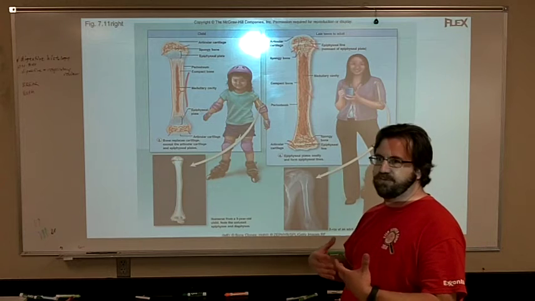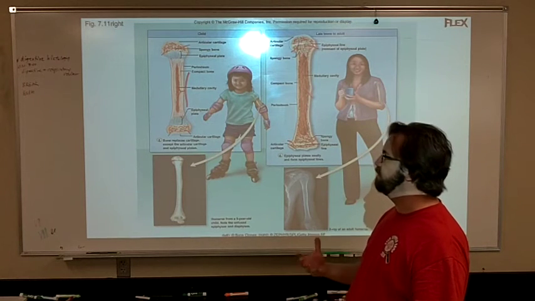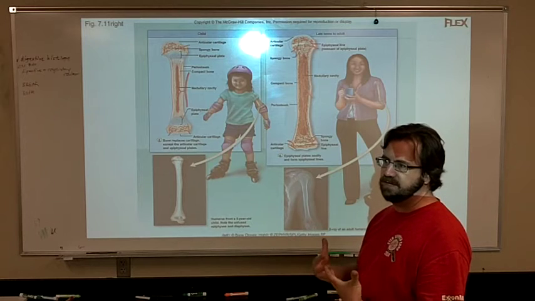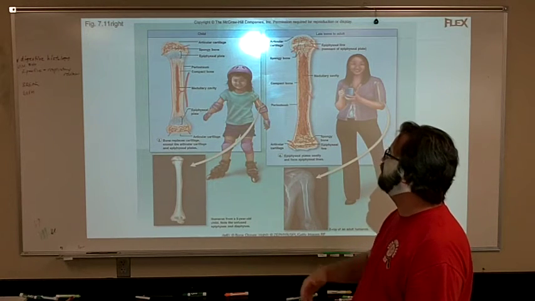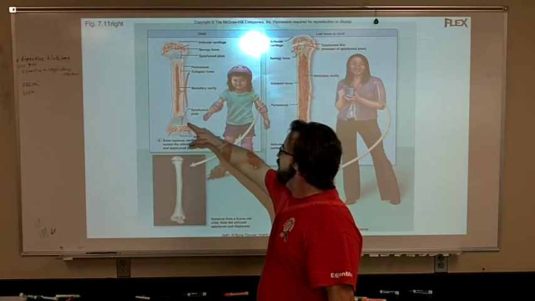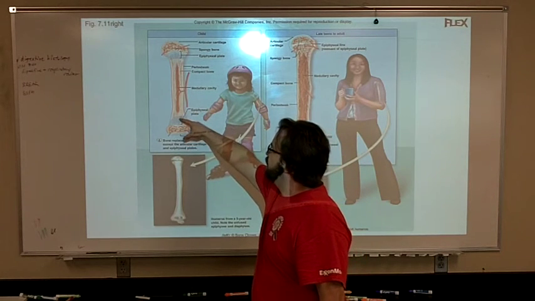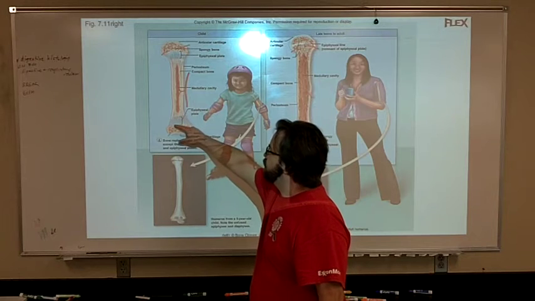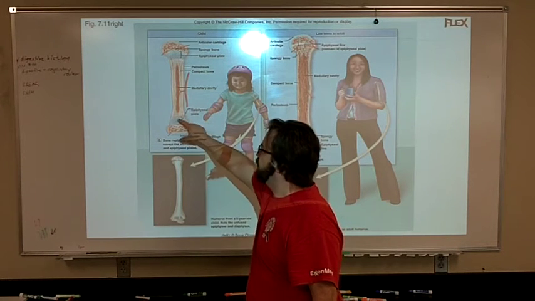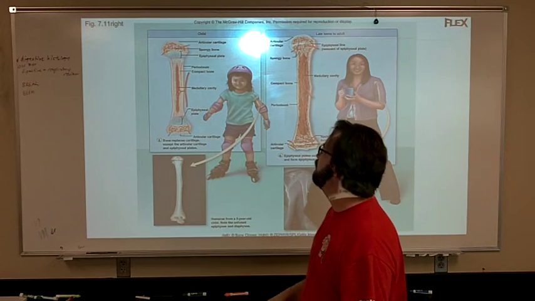And so this is the end of that same figure we were looking at with the bone growth, the endochondral ossification in the first place. And this shows what the late childhood bone looks like. It's got that epiphyseal plate with the various zones of cartilage, resting cartilage here, and then proliferating, hypertrophic, calcified, and then you can see the ossification zone there.